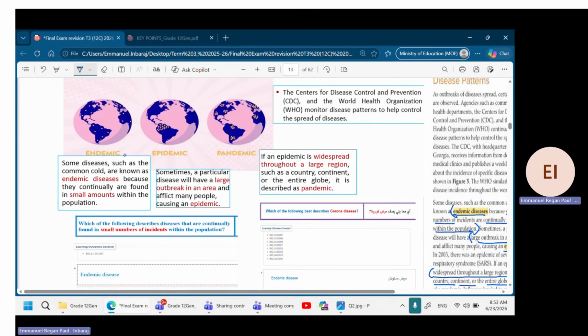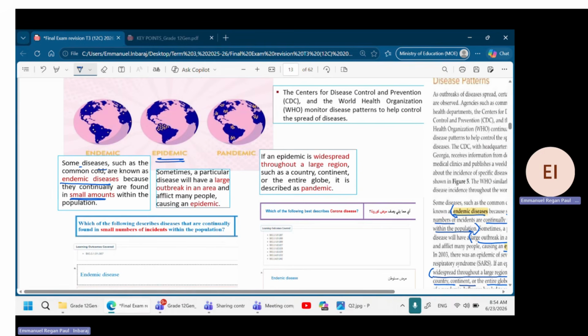Endemic, you can find it only in one country or within a region. Some diseases like the common cold are endemic diseases because they are found in small amounts within the population. Only some of the people will get the disease. Then it's called endemic. What is epidemic?